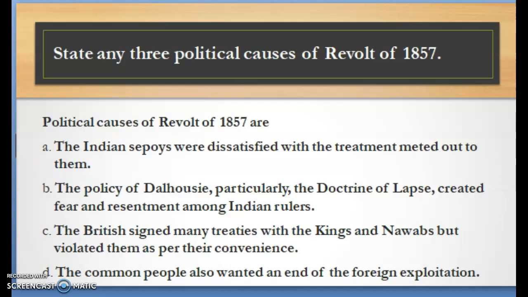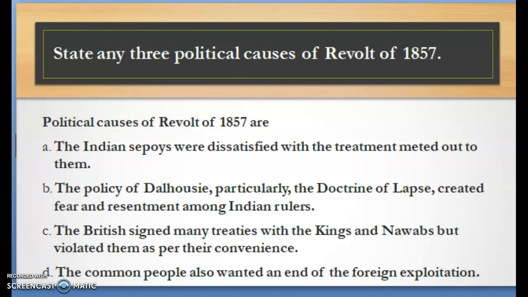The next one was the policy of Dalhousie, particularly the doctrine of lapse, which created fear and resentment among Indian rulers. We have already discussed in the previous question that under this policy Dalhousie annexed many states, and the rulers of those states were waiting for an opportunity to settle their score with the Britishers.